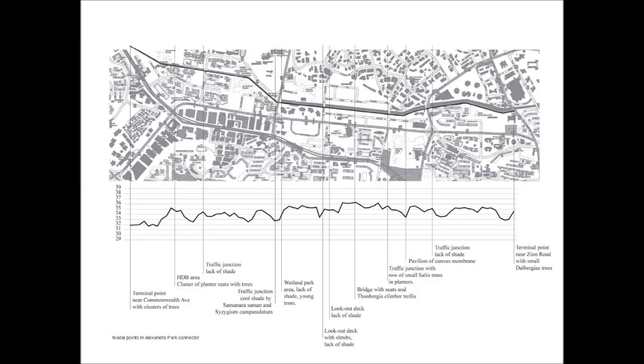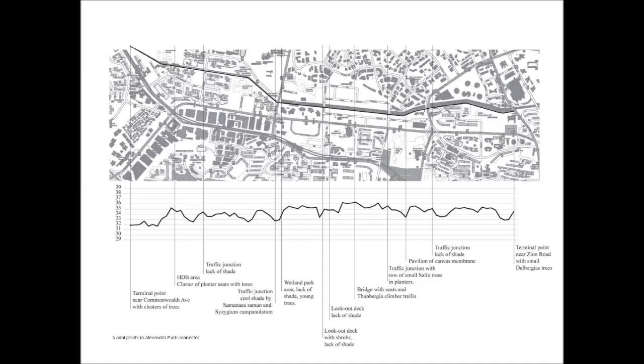Each nodal point in the temperature graph of Alexandra Park Connector is marked as a significant point, which makes temperature change by its special features such as a wide road junction and an open resting area or a sheltered waiting area.